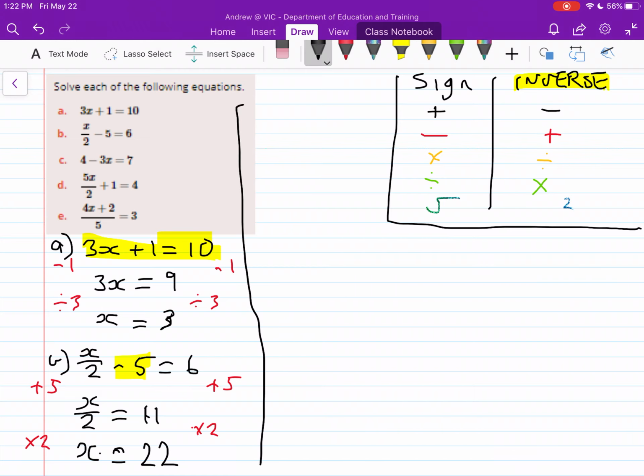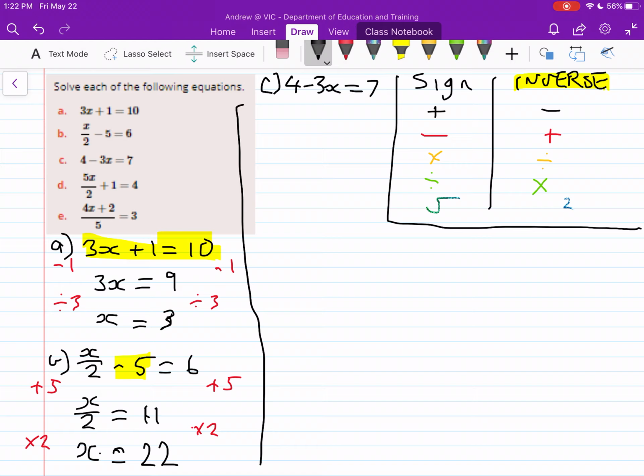So I'll work on C now, up the top. C is 4 minus 3x is equal to 7.